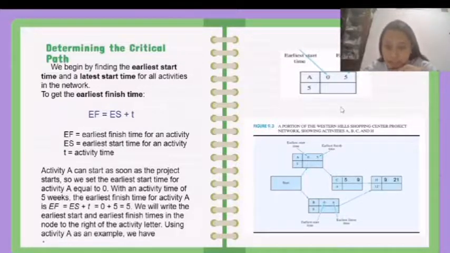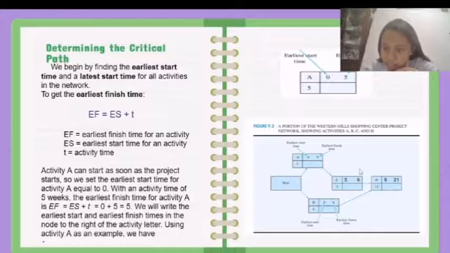Now let's find the earliest start time and earliest finish time for activities C and H. For activity C, its immediate predecessor is activity A. So we will use the earliest finish time of 5 weeks as the earliest start time for activity C. Now if we add the earliest start time 5 to the activity time 4, we get the earliest finish time of 9 weeks. Now for activity H, both activities B and C are its immediate predecessors.